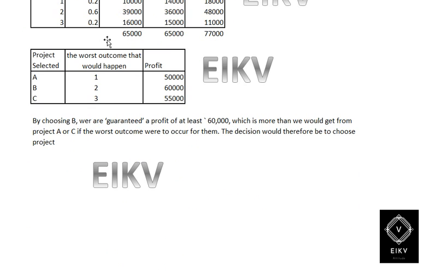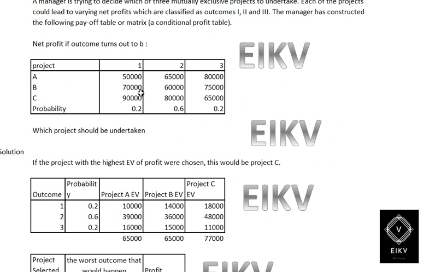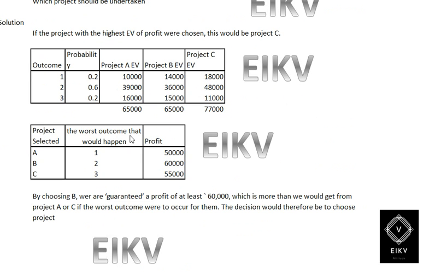Okay, now we are going to compute the worst alternative. So for the worst outcome of each project selected, for the first one it will be 50,000, the second one 60,000, and the third one 55,000.